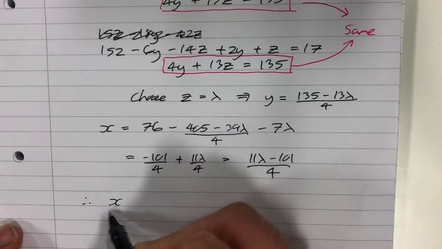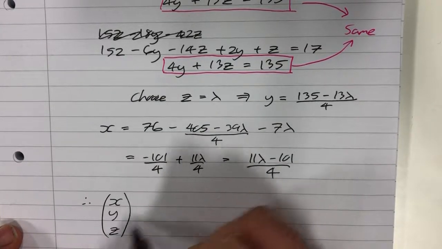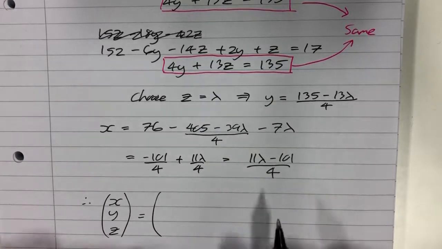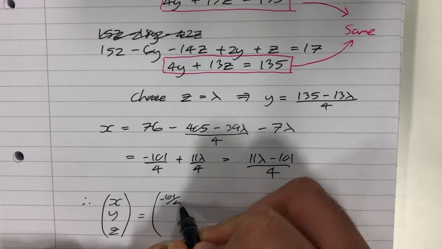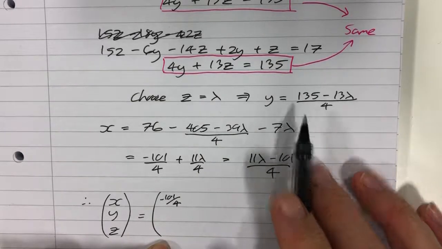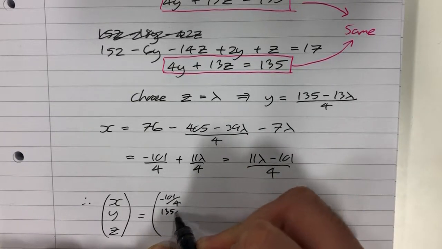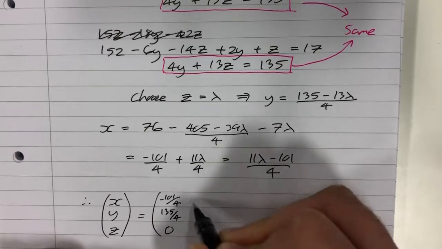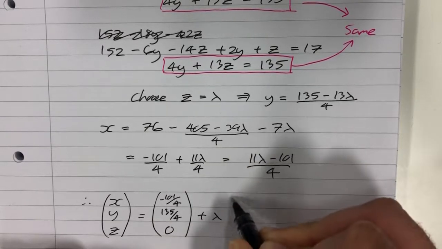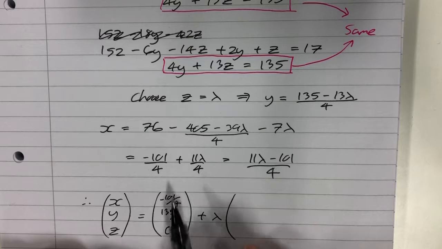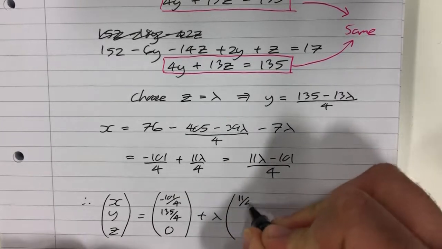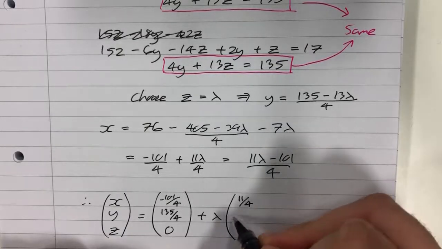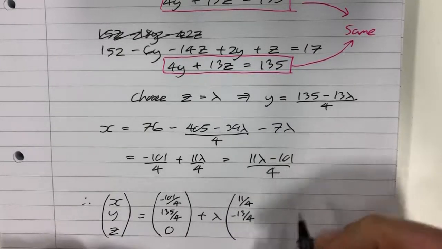Therefore, x, y, and z equal x is minus 101 on 4, y was 135 on 4, z was 0, plus lambda times the direction vector: the coefficient of lambda for x was 11 quarters, for y was minus 13 quarters, and for z it was 1.